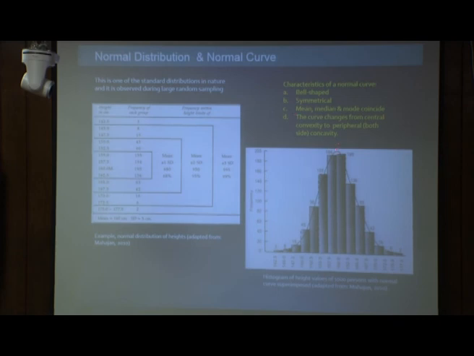If any data set follows normal distribution pattern, a very important observation is that mean, median, and mode all coincide. And the curve changes from central convexity towards concavity at both ends, lower end as well as upper end.